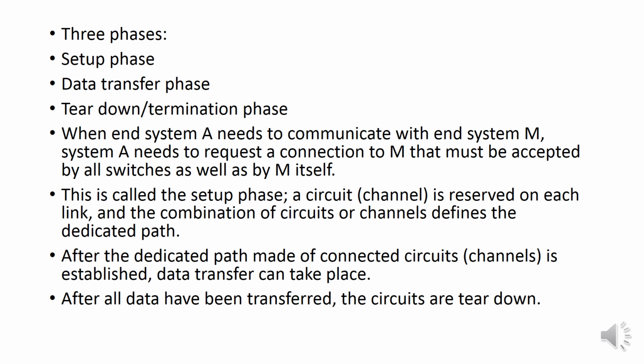During the second phase, the data transfer phase, the actual data or information which is to be exchanged will be transmitted to M. After the data transfer phase, the established connection between device A and M needs to be terminated. So under circuit switched network, we have three different phases: setup phase, data transfer phase and tear down phase.